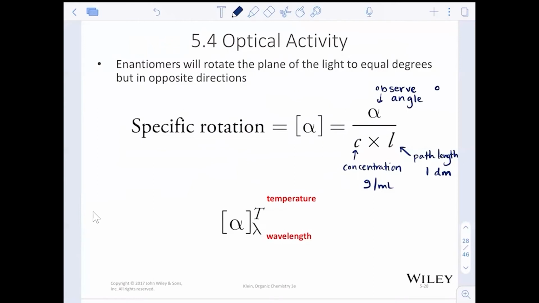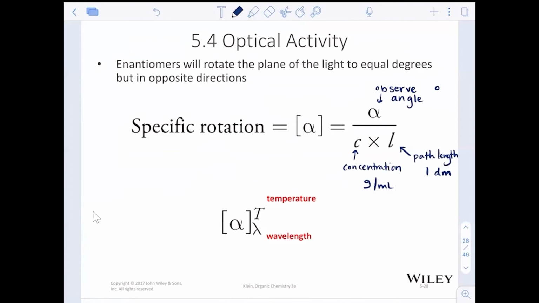Normally, a specific rotation is reported in a textbook, or it could be reported to you on a table with a temperature and wavelength. The wavelength is based off of what light source. Normally, it's sodium or deuterium, some sort of light source is used.